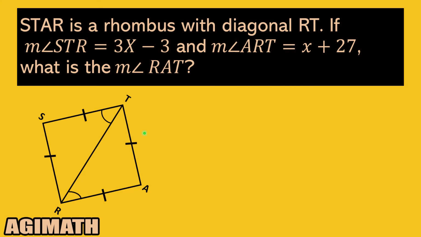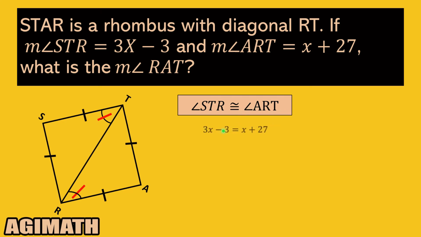Alternate interior angles are congruent. So these are alternate interior angles. That's why they are congruent. Now we are going to start our solution in this part because these are the given. So we can equate the angle STR is congruent to angle ART. That's why their measures are equal.